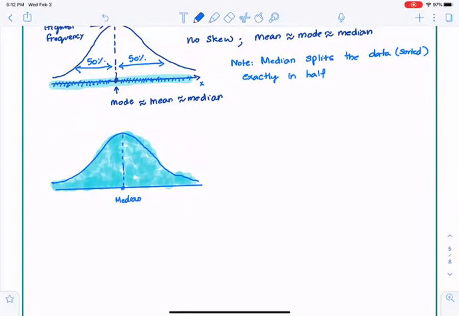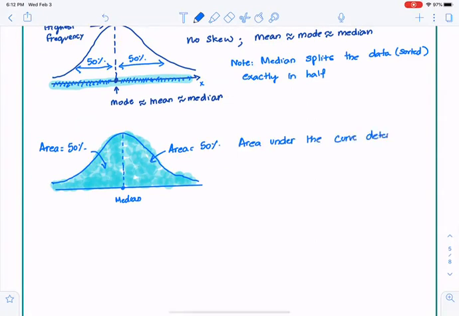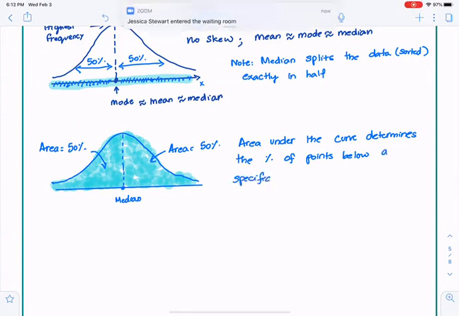And clearly, the area under the curve that I drew determines the percent of points below a specific observation on the real number line.